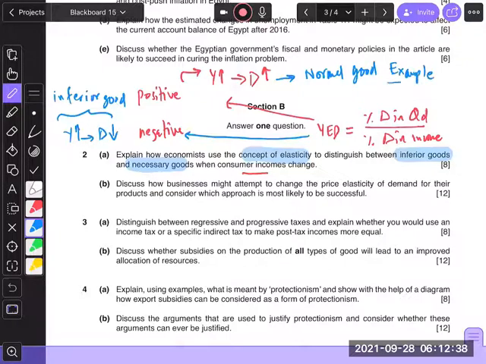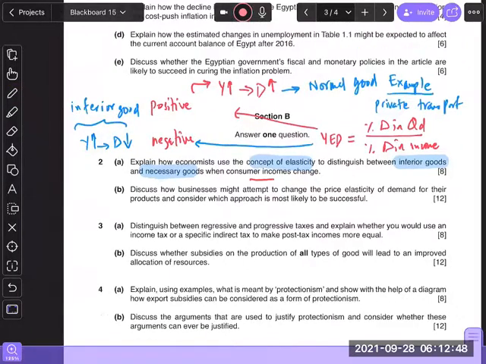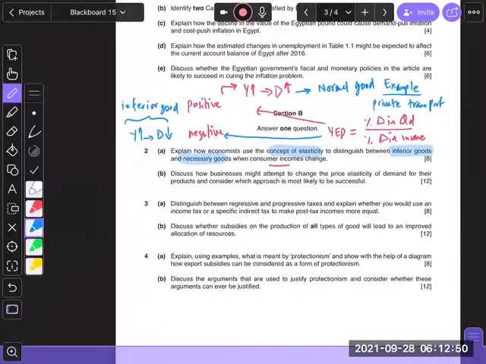For example, you can say private transport versus public transport would be an inferior substitute to it, right? Then we talk about this in the context of necessary goods.